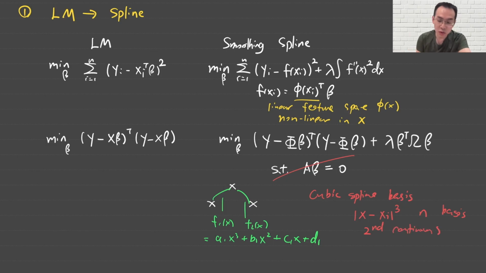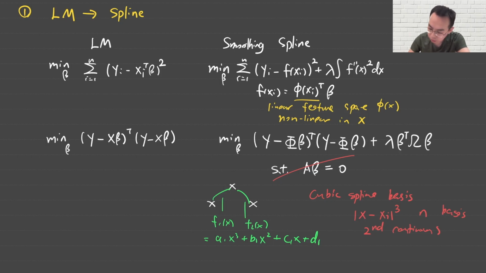So we can just remove the second term directly, but the curvature penalty here is still going to be the same form, right? As beta transpose omega beta. The reason is that if we take the second derivative of this function, that's going to give us a linear function.